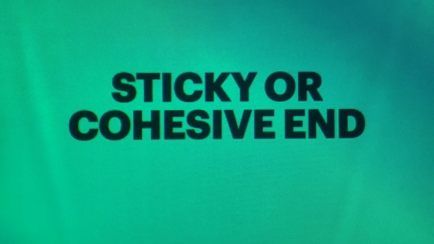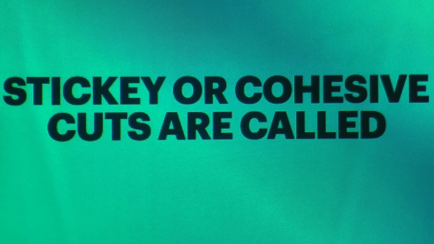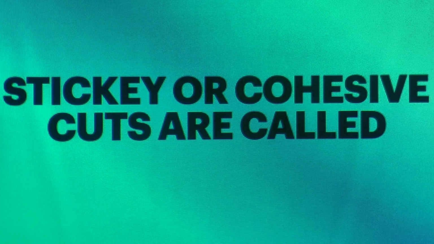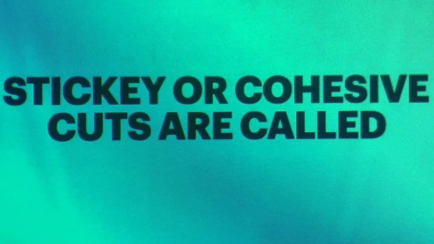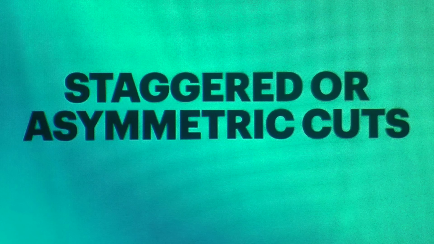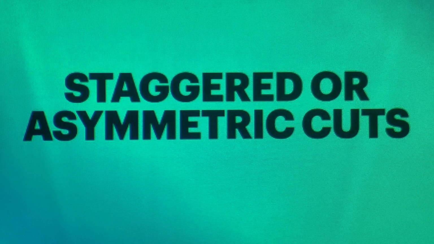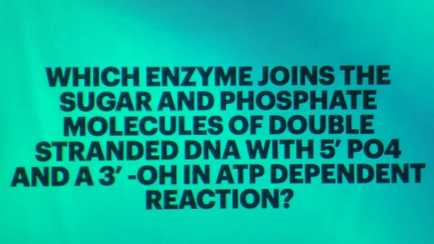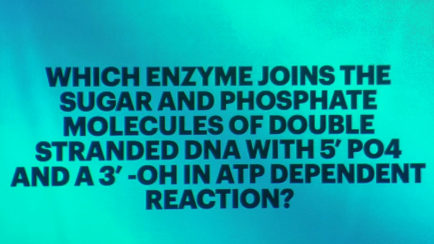Sticky or cohesive ends. Sticky or cohesive ends are called staggered or asymmetric cuts. Which enzyme joins the sugar and phosphate molecules of double-stranded DNA with 5' phosphate and a 3' OH in an ATP-dependent reaction?